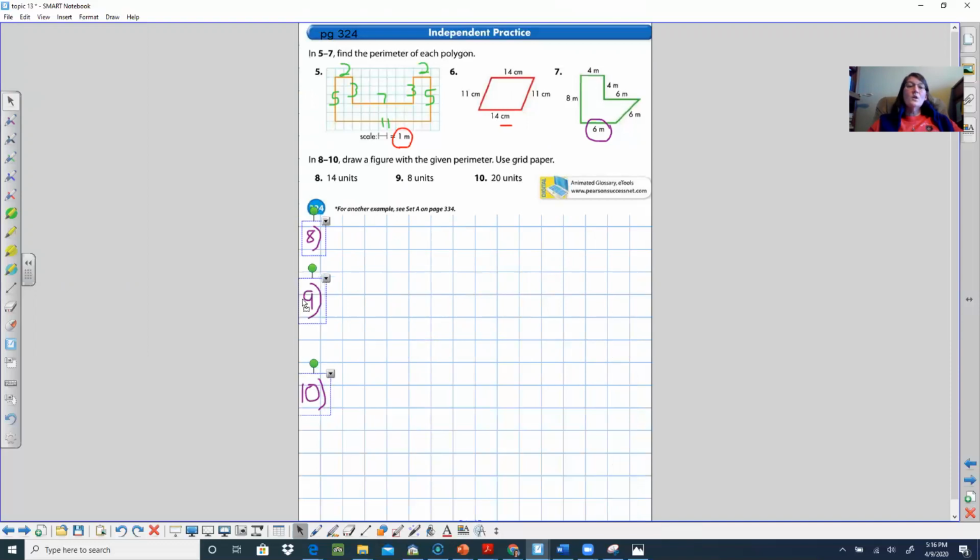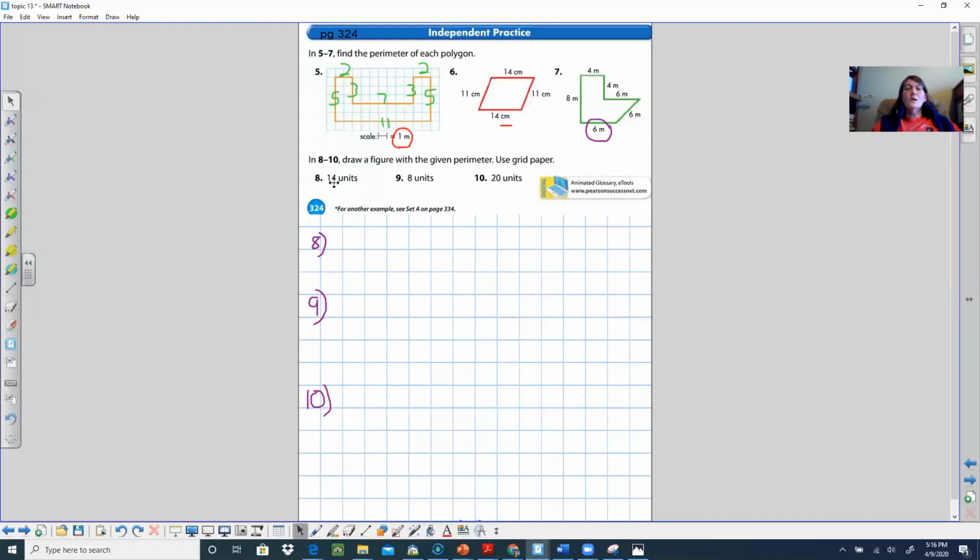So this is where you need your grid paper. And if you don't have grid paper, you're just doing it as neat as you can. And I want you, if you don't have your grid paper, to make sure that you are labeling your sides so that you understand the concept that we're working on now. So what we are going to be doing is we are going to be drawing different shapes that have a certain perimeter.